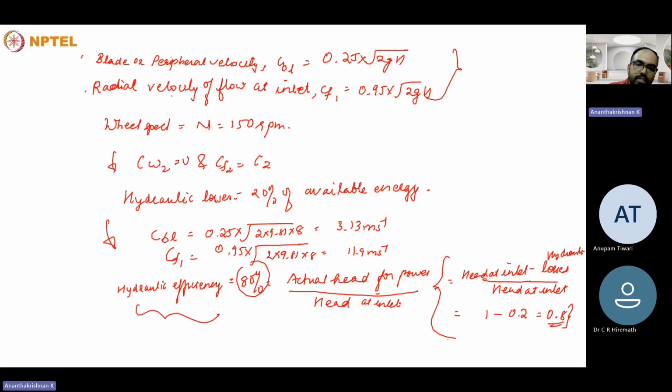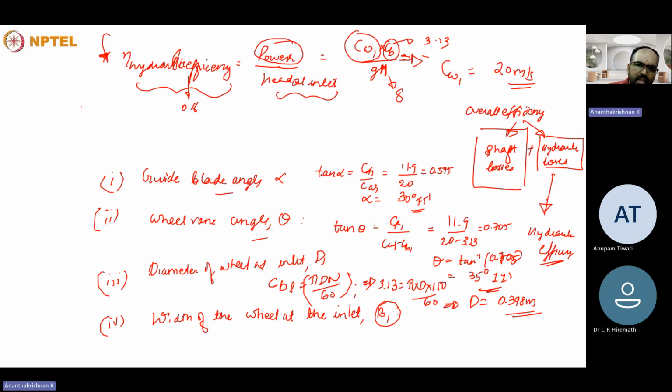It's the overall efficiency. So it's pretty similar to that of the hydraulic efficiency, but the only difference is that instead of the hydraulic power at the top, it will be the shaft power at the top.